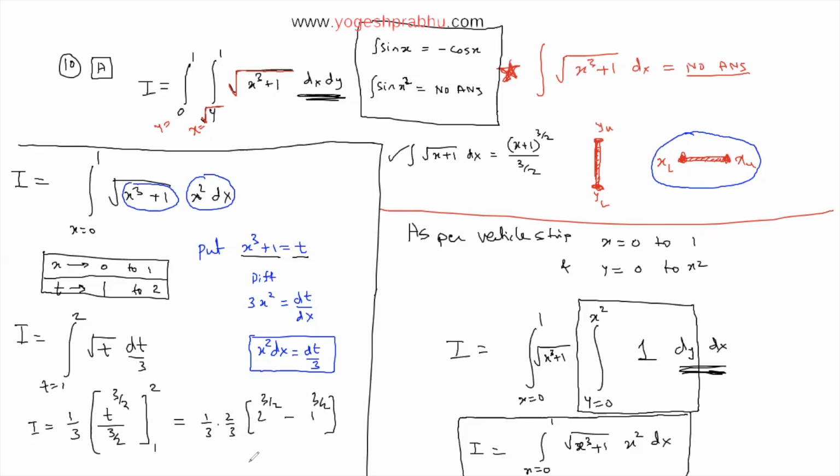Yes or no? Yes. So this will be 2 over 9. We can write it as 2 cubed to the half minus 1. Then that will be equal to 2 over 9, 2 cube is 8, square root of 8 minus 1. This is the answer.